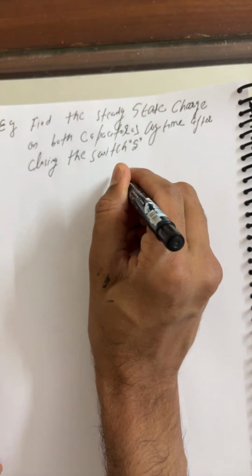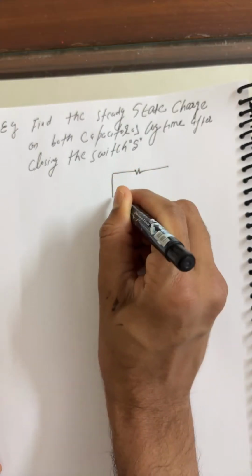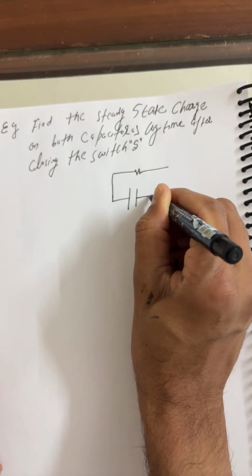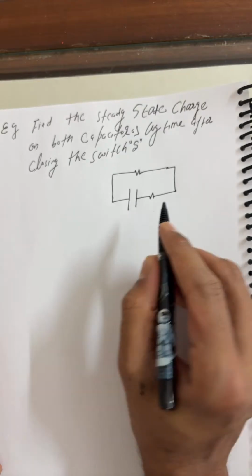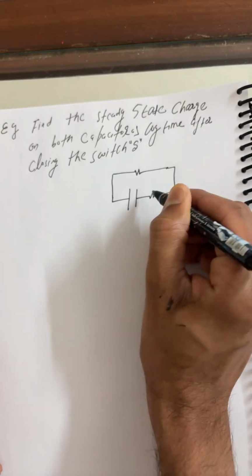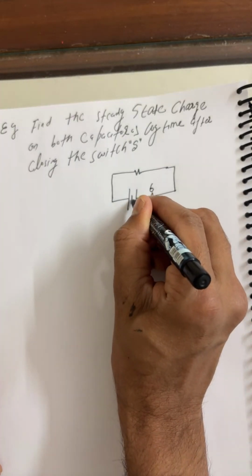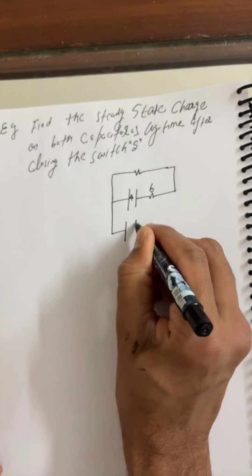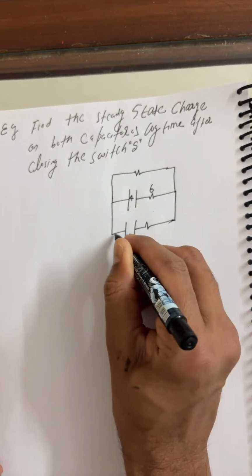Now I'm going to show the circuit diagram. This is a 1 ohm resistor. There is one capacitor of capacitance 4 microfarad, and along with the capacitor there is a resistor of 6 ohm. There is one more capacitor, which is also connected through a resistor.